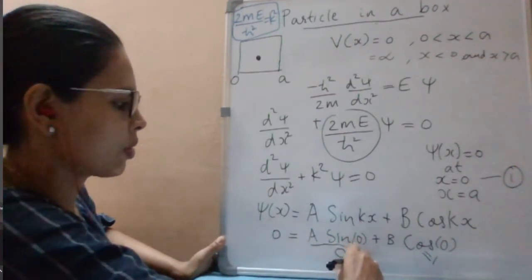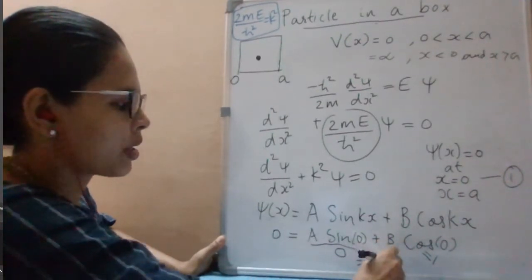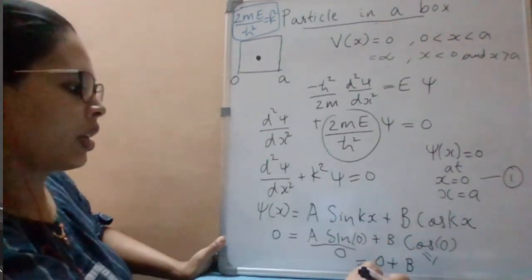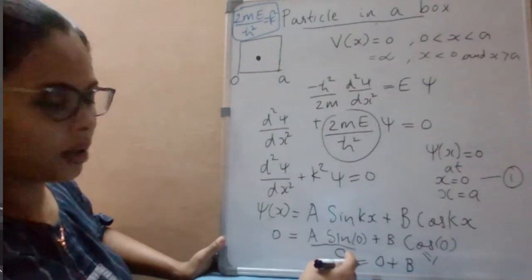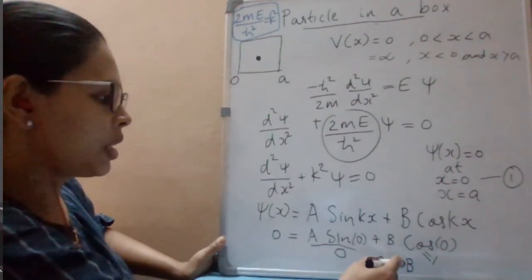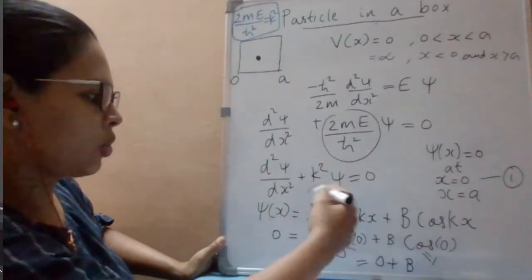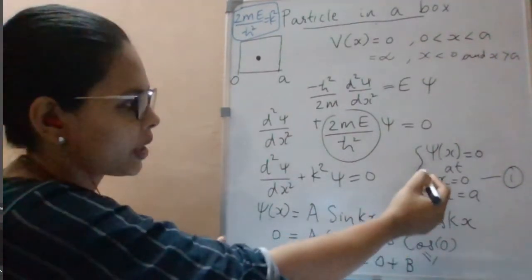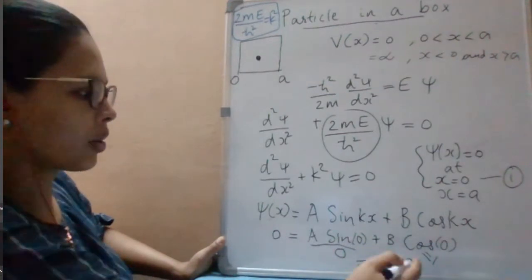So this is equal to 0 plus b. This is not a valid case. As you know, the left hand side is 0, so b is equal to 0. The condition you get by applying this part is b is equal to 0.